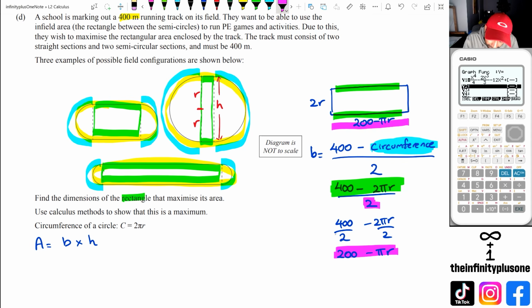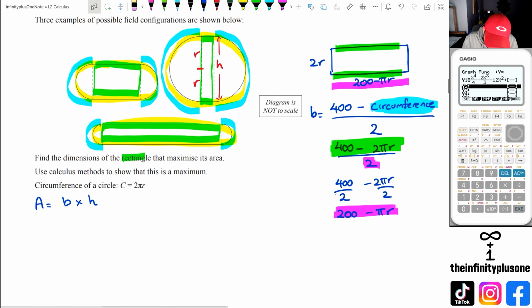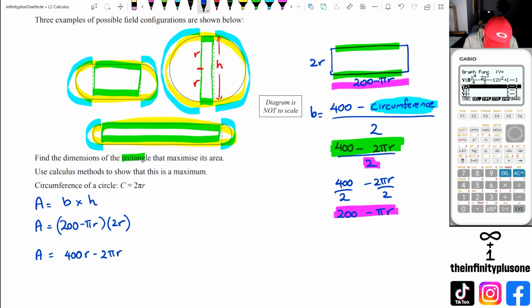Now that we've got the base and the height, area of the rectangle is equal to 200 minus pi r, which is the base, multiplied by h, which is 2r. So I'm going to get A is equal to 400r minus 2 pi r squared. I need to differentiate this now, and I'm going to get A dash is equal to 400 minus 4 pi r.